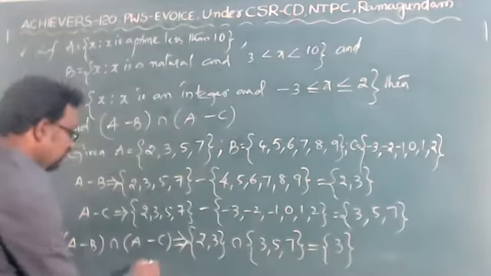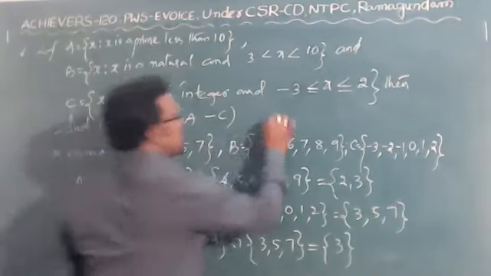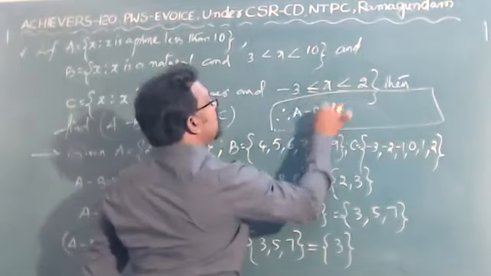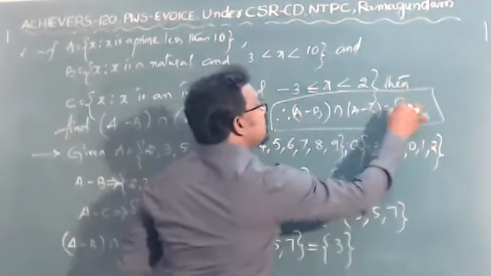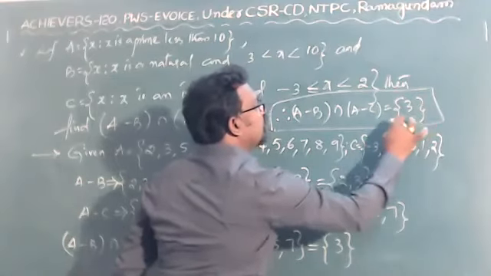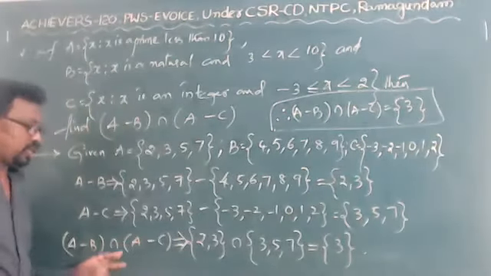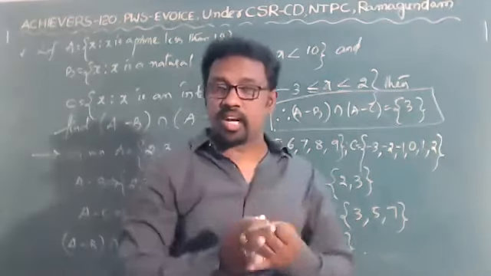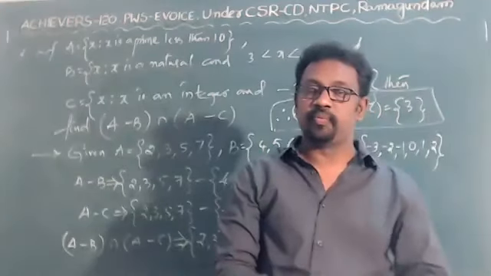Finally, the answer is: therefore A minus B intersection A minus C is equal to 3. Only 3, which are left. So these are called difference, union, and also intersection.